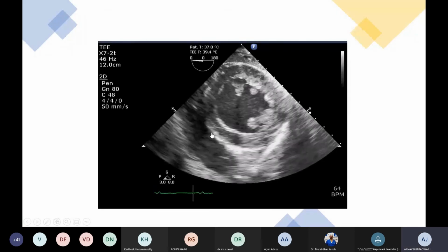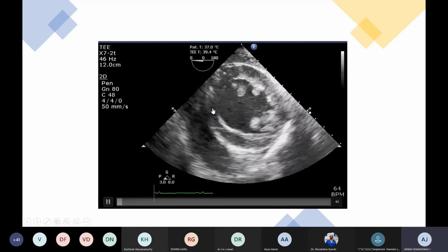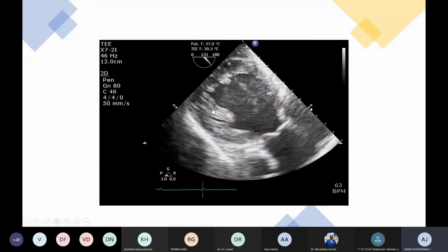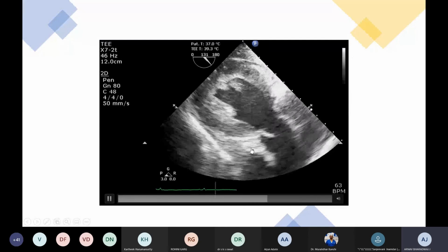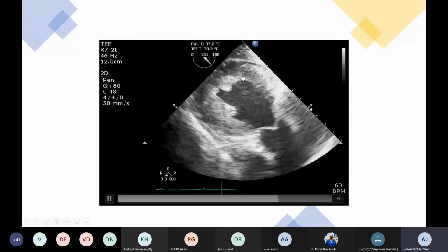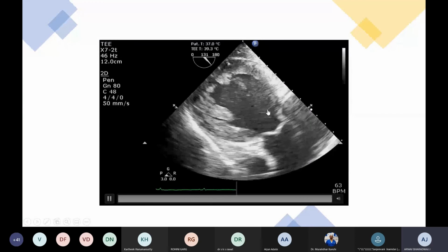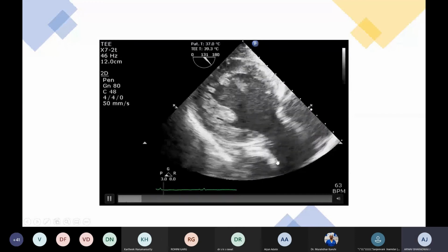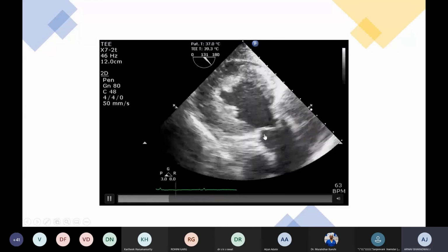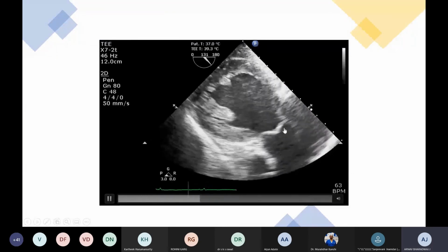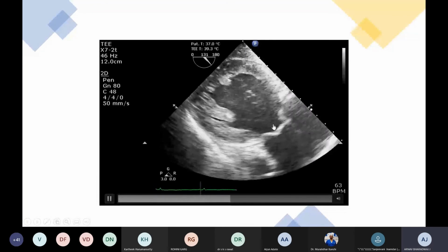You get the mid-papillary view and turn the multiplane angle to 120 degrees. You get the other view, that is the transgastric aortic long axis view. This view and the previous view align with the Doppler probe so that we can take all the measurements, and this view is particularly important in measurement of the gradients as well as assessment of the prosthetic aortic valves.